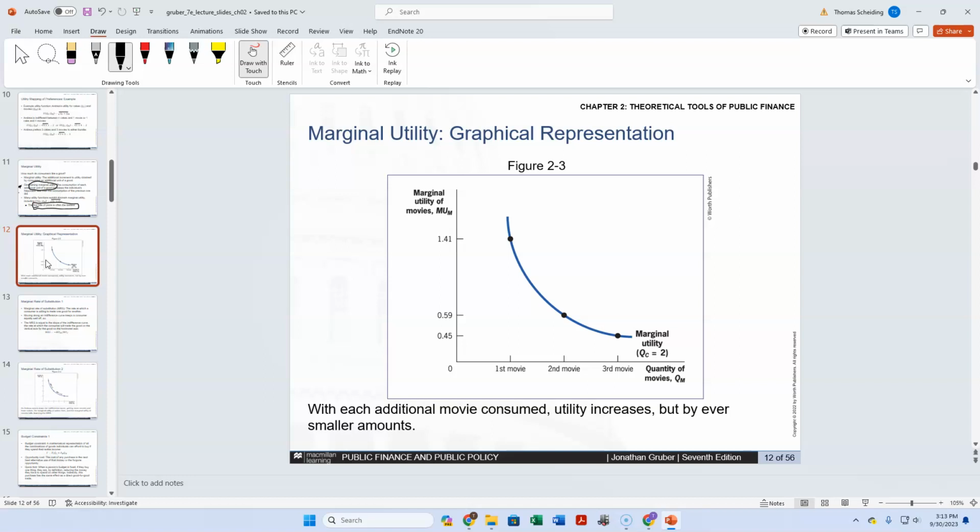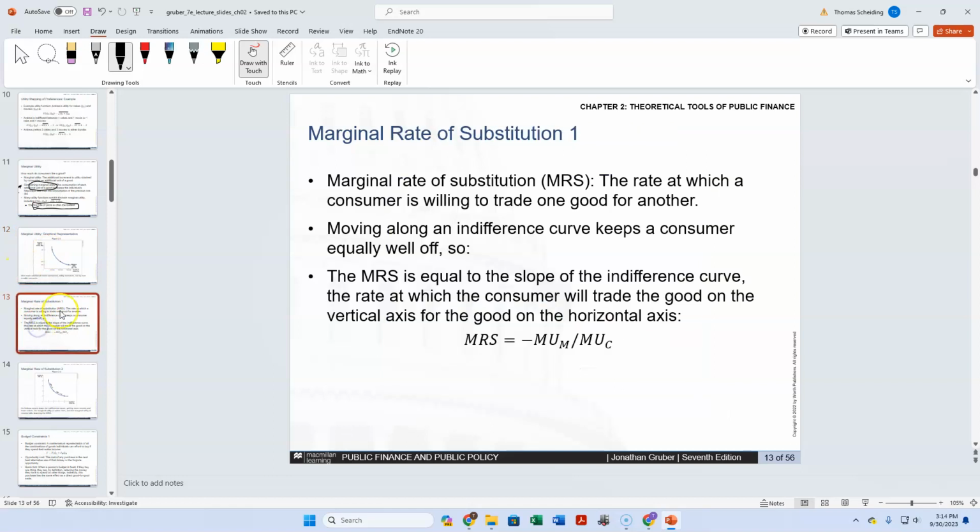And this just repeats what I said. It's flatter and steeper. Steeper on the left side, flatter on the right side because of this law of diminishing marginal utility. The ratio of the marginal utilities of the goods, if you remember from intermediate micro, is called the marginal rate of substitution.